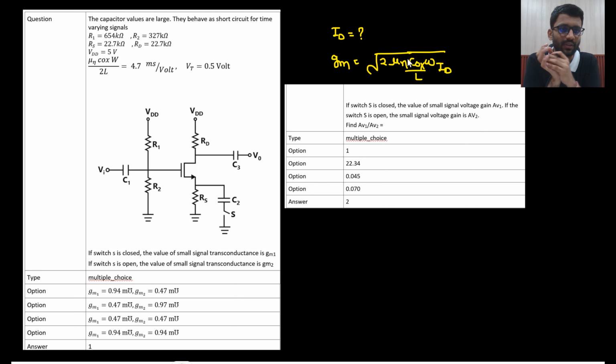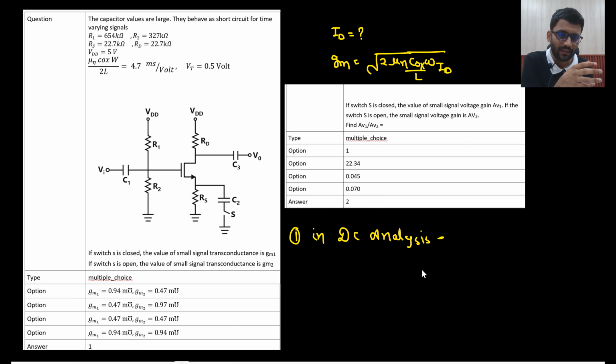Say yes or no, when switch is open and switch is closed. Now tell me one thing, whether switch is open or closed, in DC analysis, capacitor is going to be open circuited only, right? In DC analysis, capacitor will be open circuited. And if capacitor is open circuited, what does that mean?